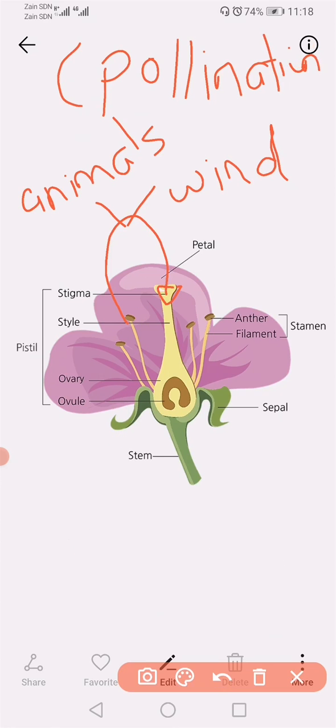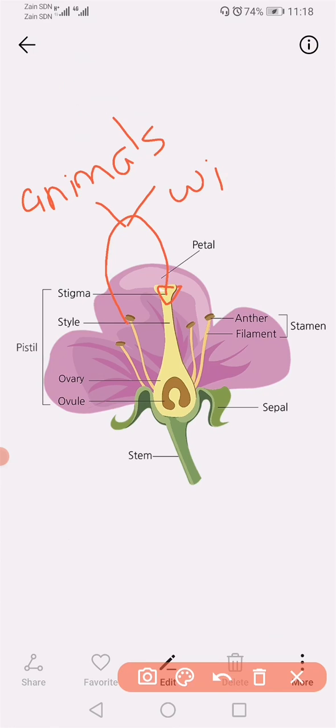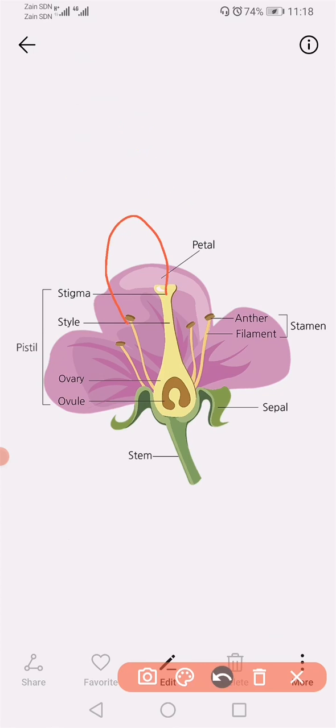So, after the pollen grain is transferred from the male part to the female part and pollination takes place. Before we go to the next step, let us know the types of pollination.